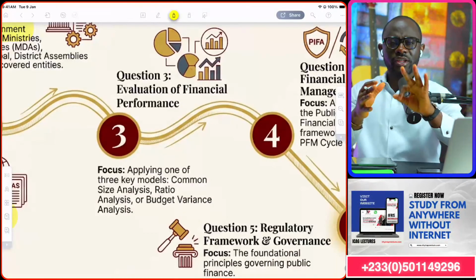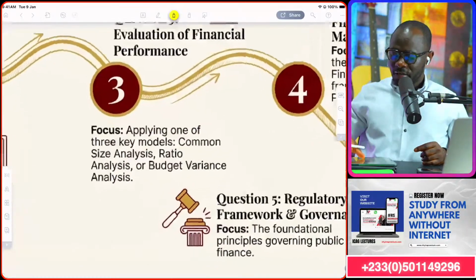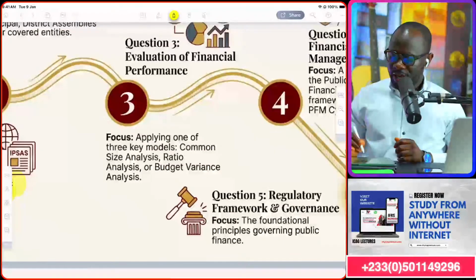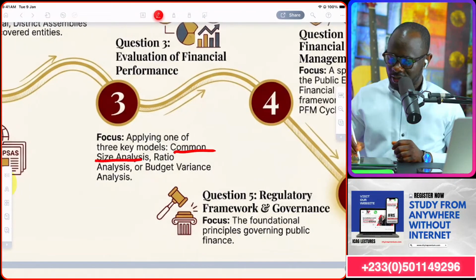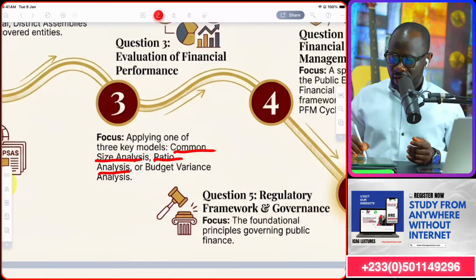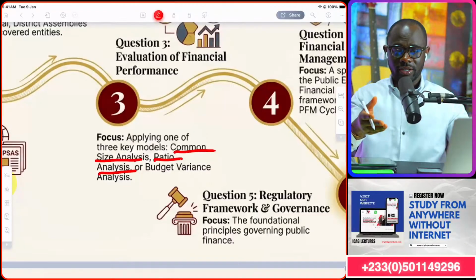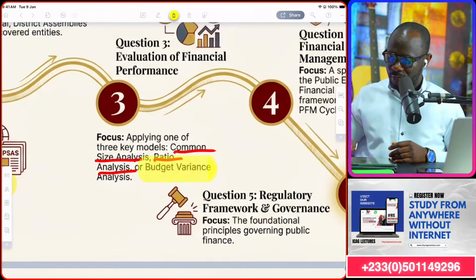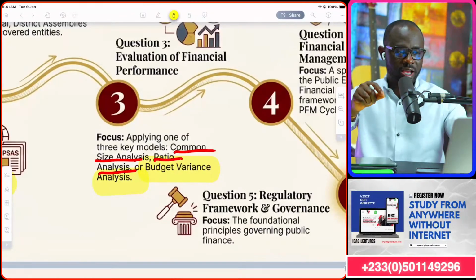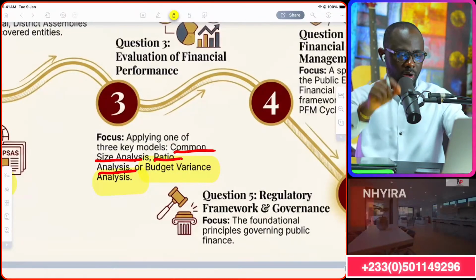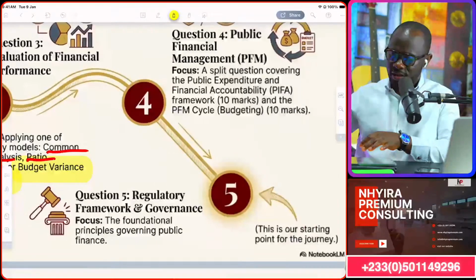But there are 3 things you must understand here. One of them will be in the exam hall. In question 3, public sector, either the examiner will ask you to do common size analysis or ratio analysis, which is where you're going to be calculating a lot of ratios and then interpreting those ratios, or the budget variance analysis. One of these 3 will be in the exam hall for question 3, public sector accounting and finance.